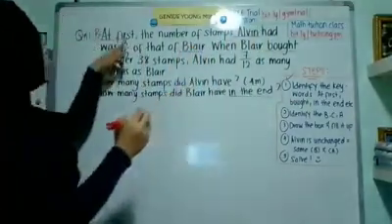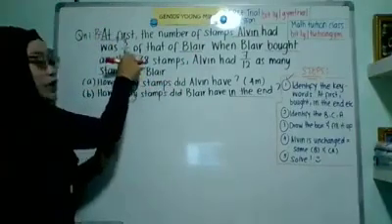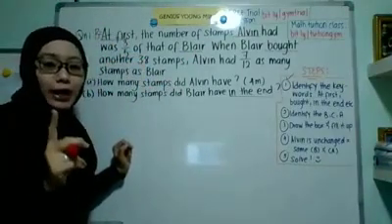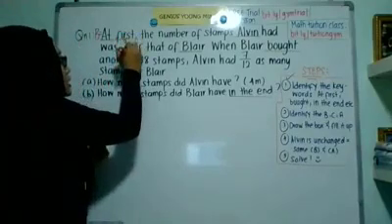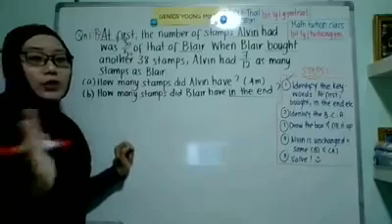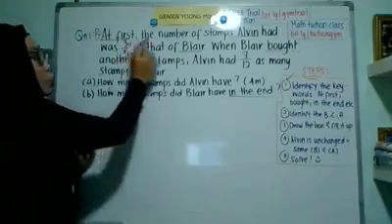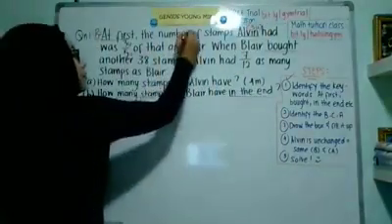So I have Alvin and I have Blair, and I have 3/5. This is a fraction in its simplest form, so it is already in its units form. This is 3 units, this is 5 units. I cannot reduce 3/5 anymore, which means Alvin has 3 units and Blair has 5 units.